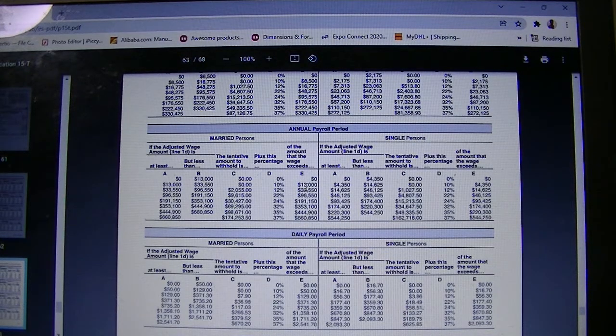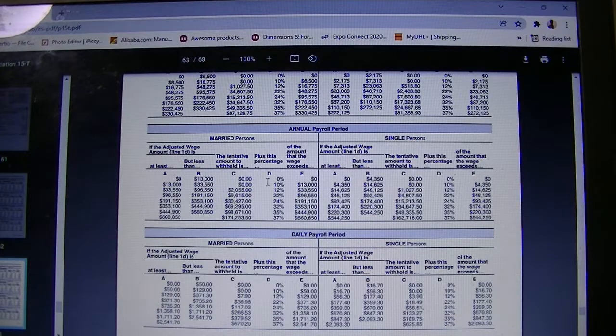and that exceeds, so pretty much 10% of the amount that the wages exceed 13,000. So that'll be 14,000 minus 13,000. That gives you 1,000.